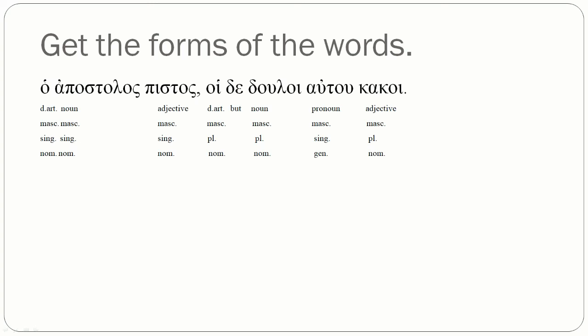Ha is the article, apostolos, noun, pistos is an adjective. Hoi de douloi autou kakoi. Okay, hoi douloi are both masculine, plural nominative now. We had masculine singular nominative before. This is masculine plural nominative.